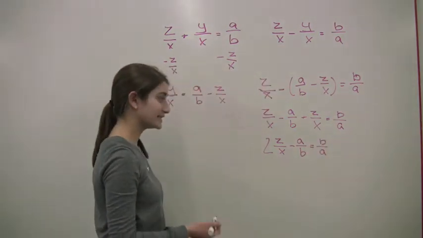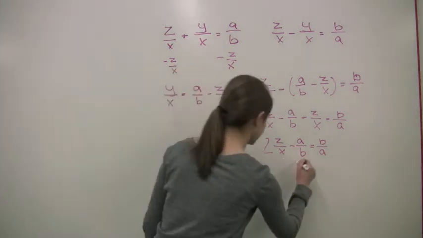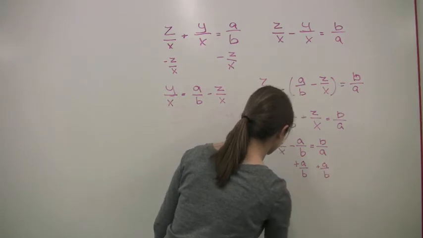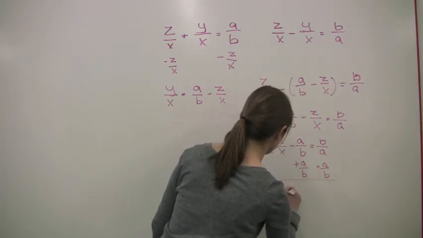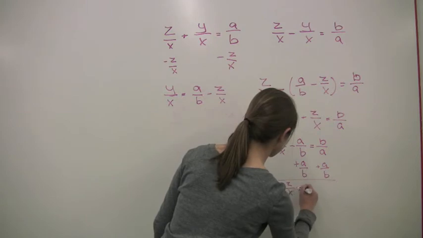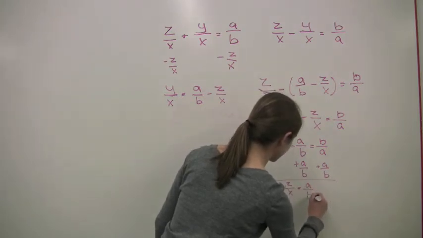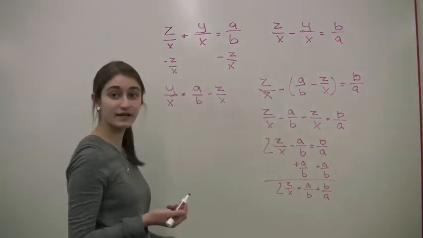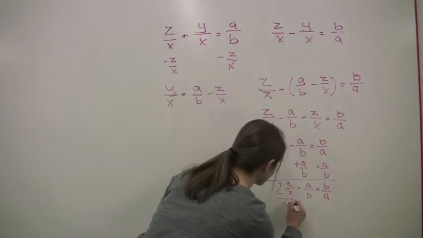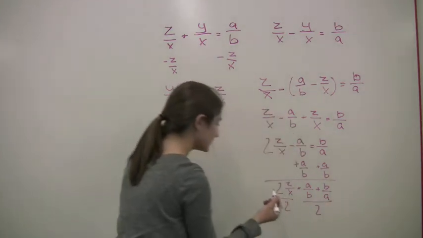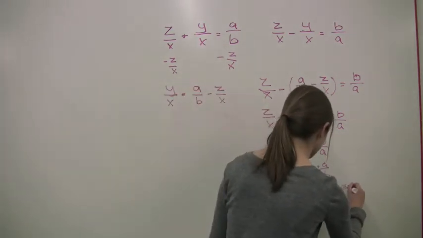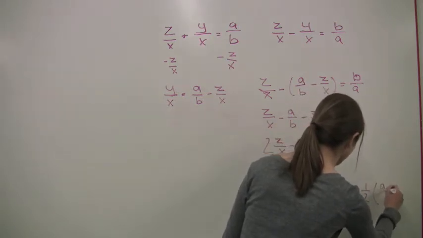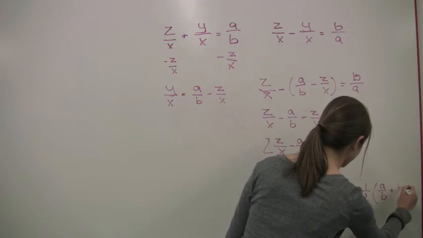The next step is to add a over b to both sides, equaling 2z over x equal to a over b plus b over a. The final step in this solving is to divide by 2 on both sides. This leaves us with z over x equal to 1/2 times (a over b plus b over a).